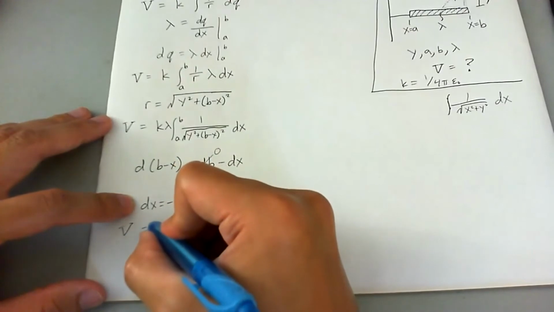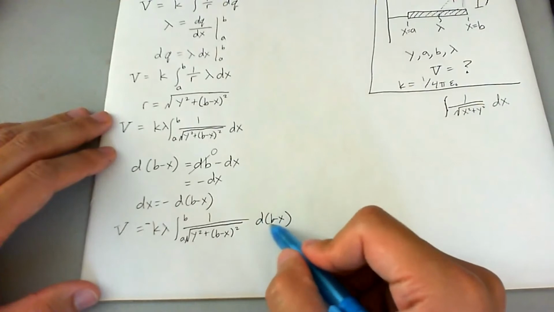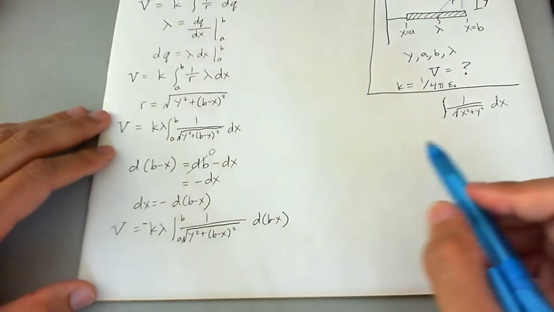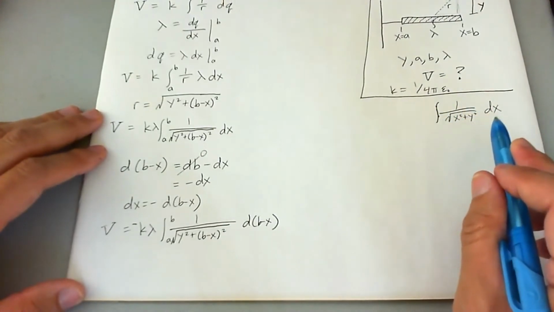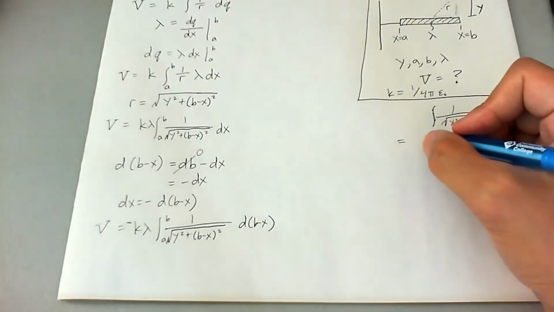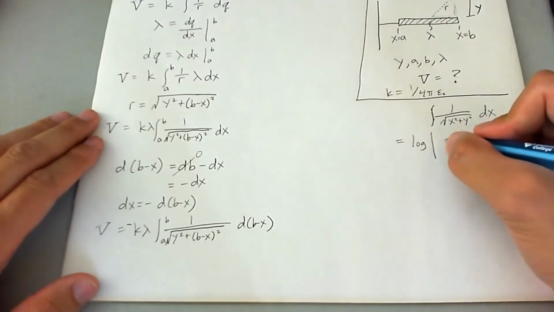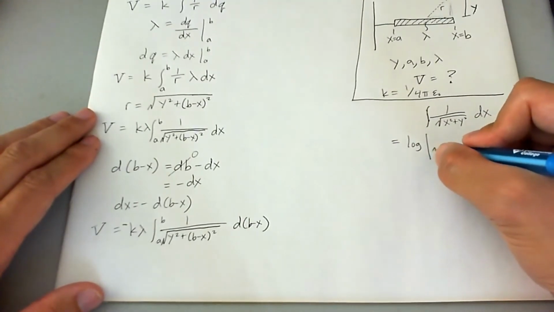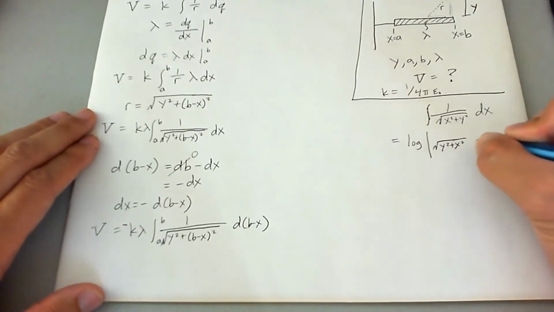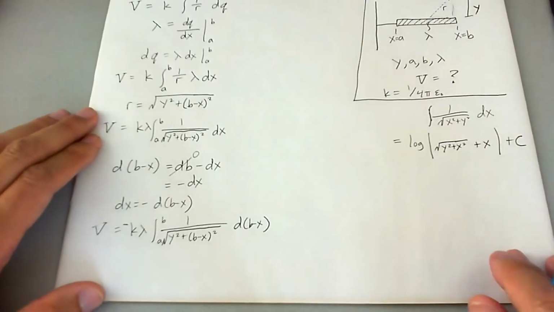We'll put the negative out in front. So now we have d of some variable, and we have this as that variable. Now it mimics this sort of form, and we can look up online to find out that this form ends up being log of the square root of y squared plus x squared, plus x, and then plus some constant c.